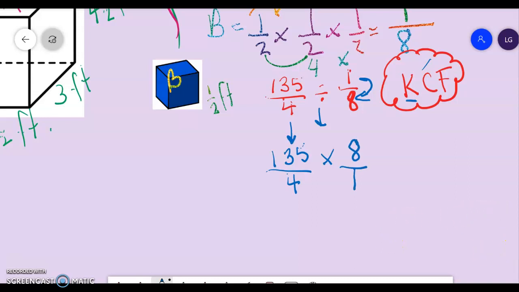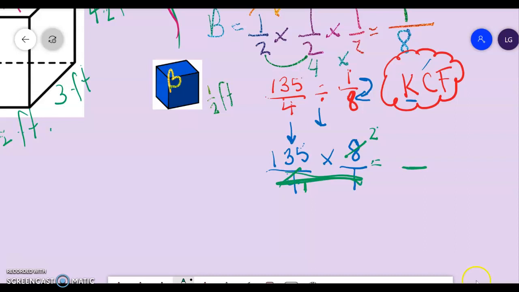At this point, if you're comfortable with cross multiplication, which is very easy to do, we can cross cancel this 4, which will become a 1 because 4 divides into 8 2 times. Now we don't even have to worry about our denominator anymore, so that helps us skip this step.